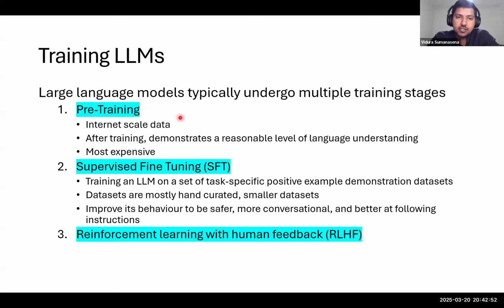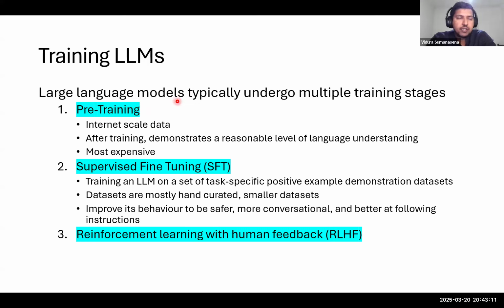This is where the most computation resources are required. That is why most of these large language models are limited to giants like Microsoft, Google, and OpenAI, because this requires a very large amount of capital.